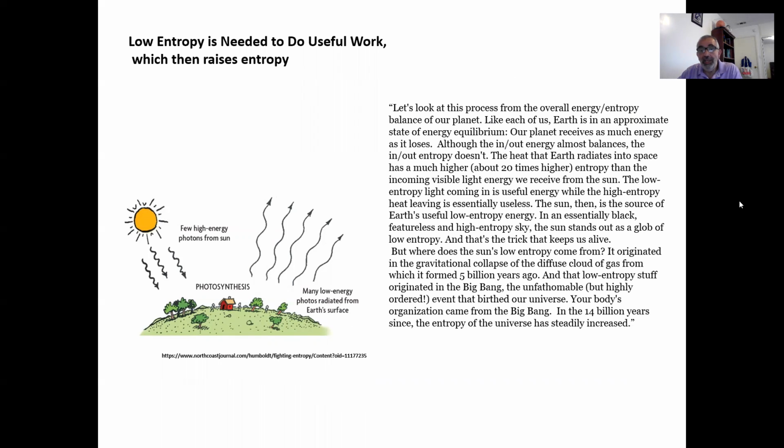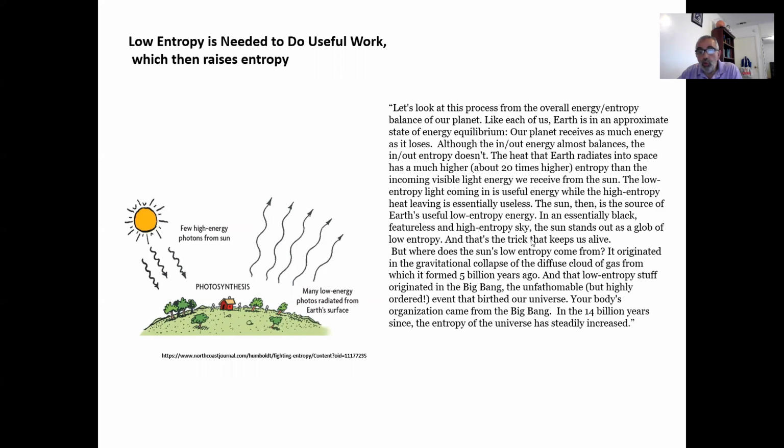The heat the Earth radiates into space has a much higher, about 20 times higher entropy than the incoming visible light energy we receive from the sun. The low entropy light coming in is useful energy, while the high entropy heat leaving is essentially useless. The sun then is the source of Earth's useful low entropy energy.